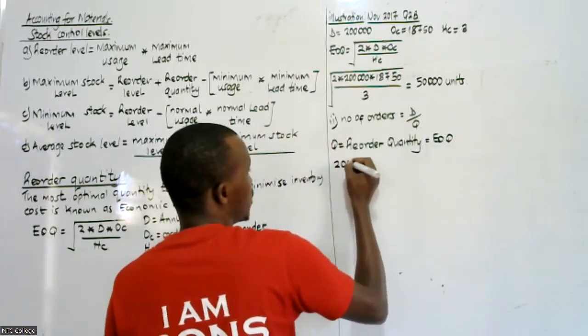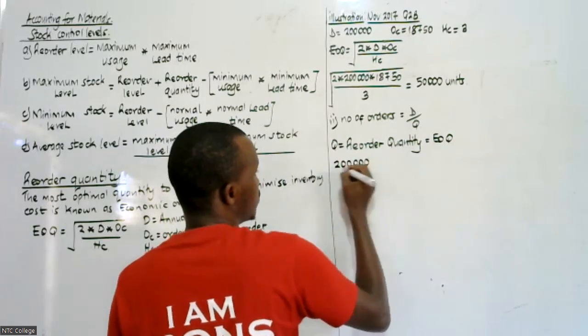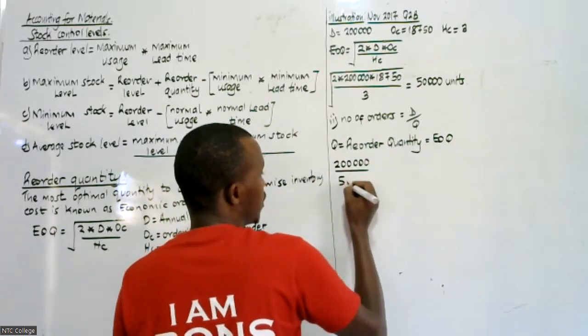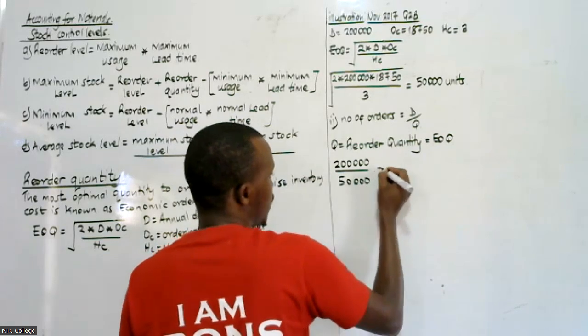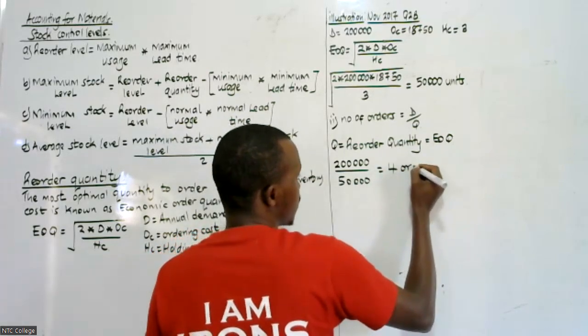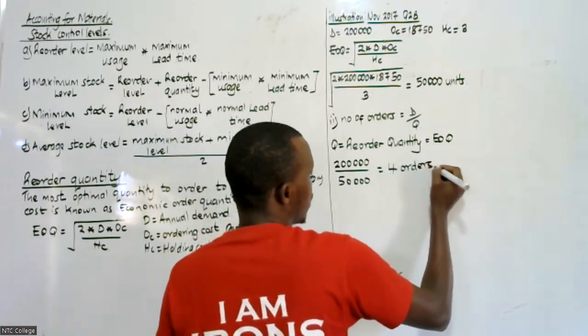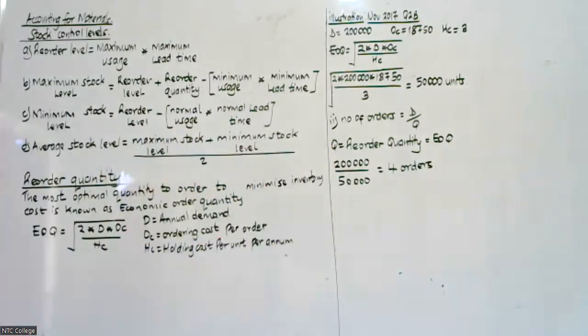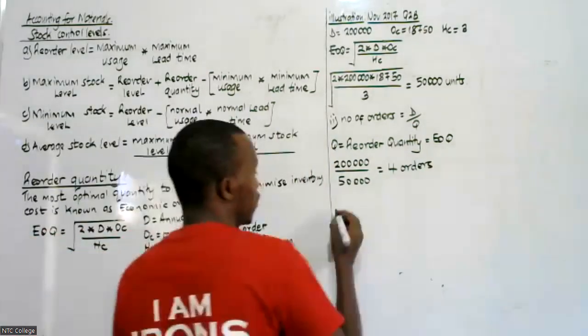So your annual demand is 200,000 divided by an EOQ of 50,000. That means for you to meet your annual demand, you need to make 4 orders.